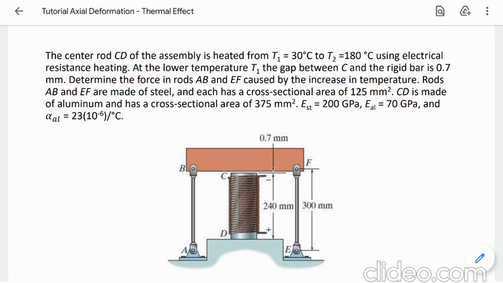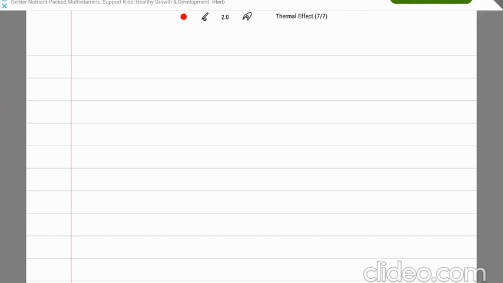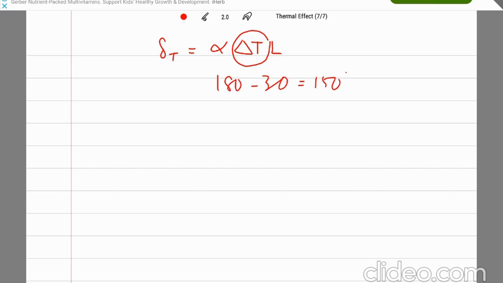Okay, so first we need to see whether this temperature increase will cause CD to elongate more or less than the existing gap, which is 0.7 mm. So how to do that? We use the thermal deformation formula, which is delta T equal to alpha delta T times L. Here delta T is, in this case, 180 minus 30 degrees Celsius, equal to 150 degrees Celsius.